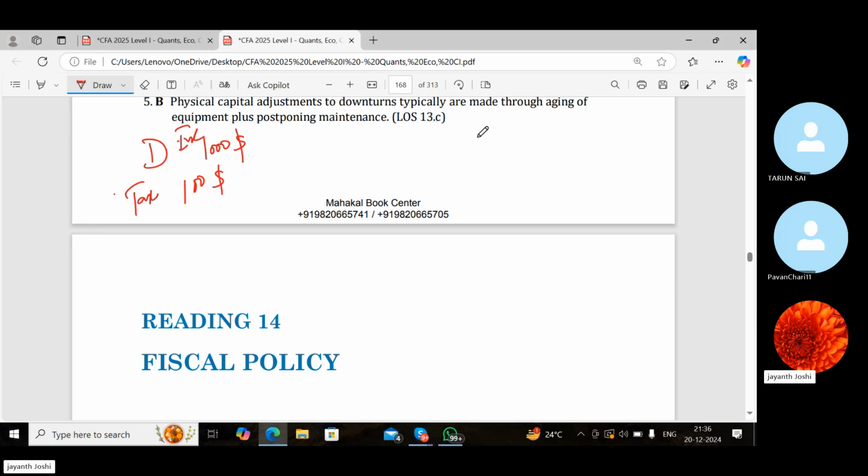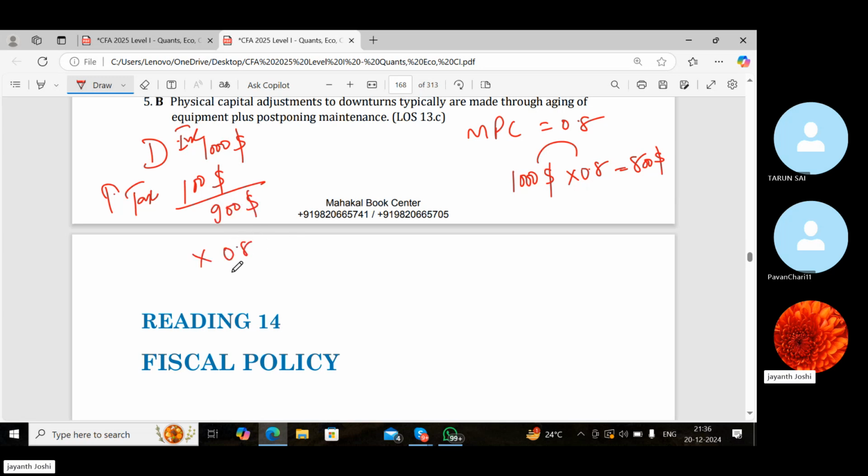So see, marginal propensity to consume is 0.8.